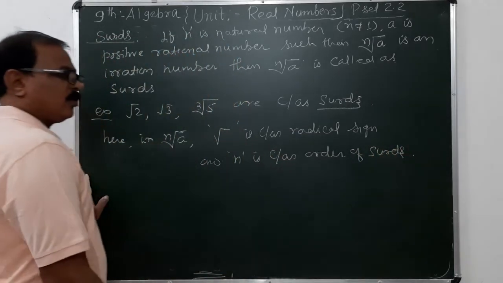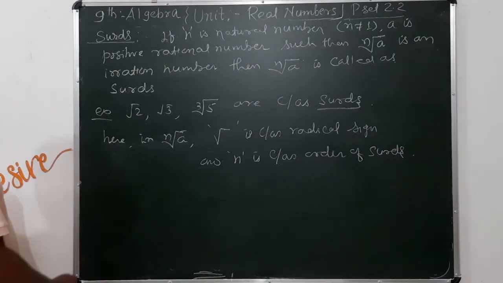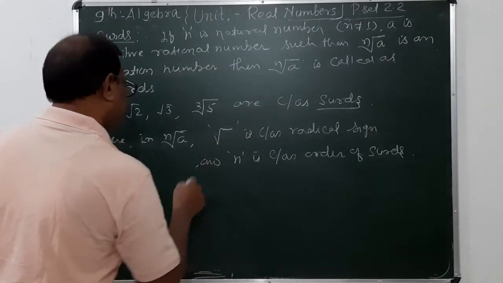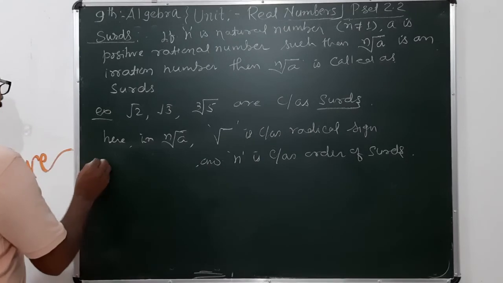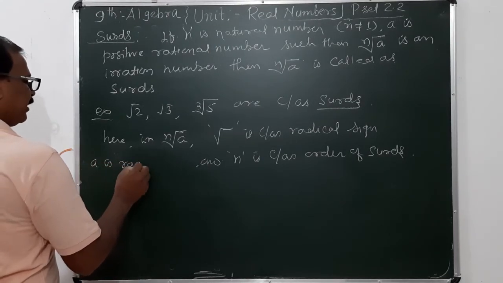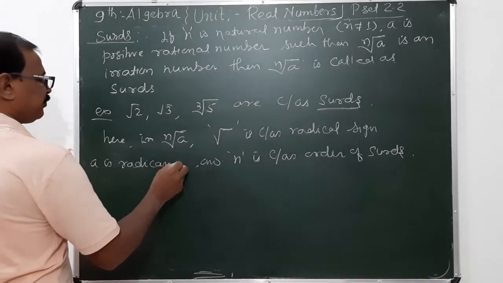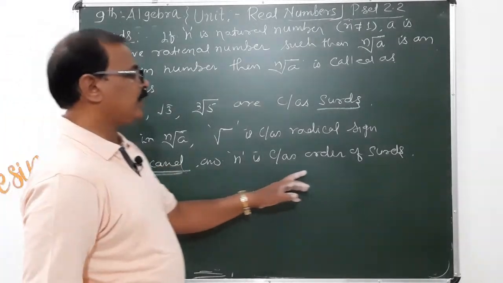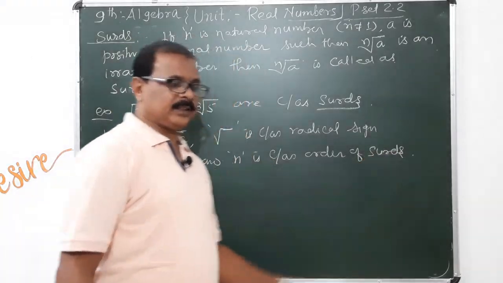This is called as order of surd here. Okay, so this is a radical sign and here A is the radicand. A is called as radicand and n is called as order of the surds.